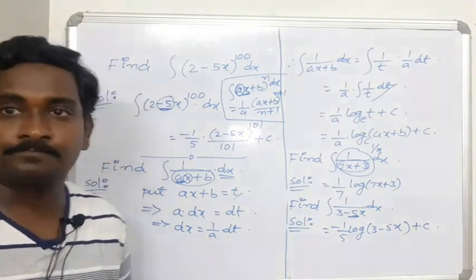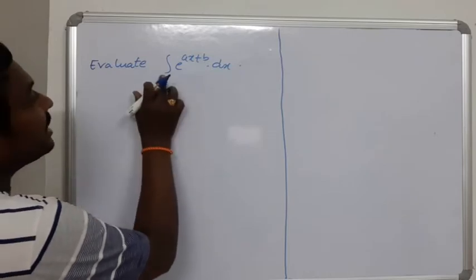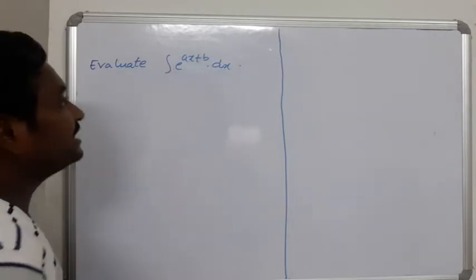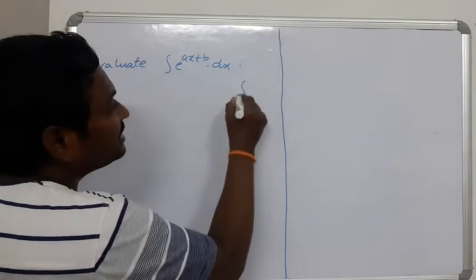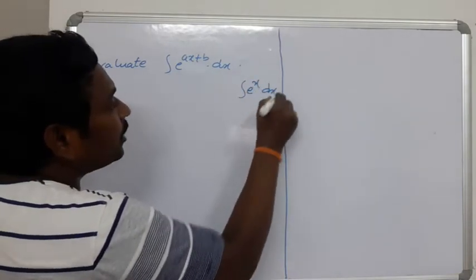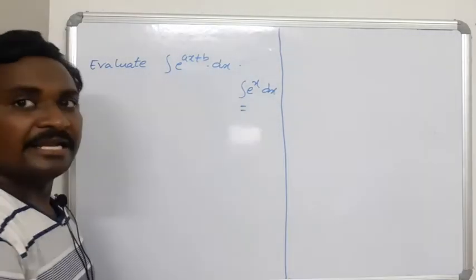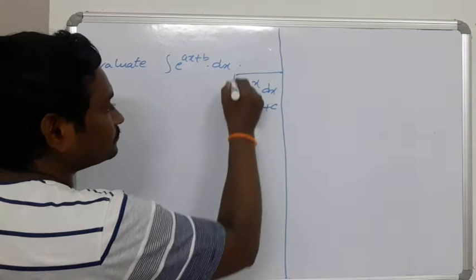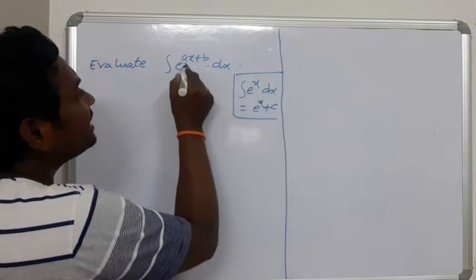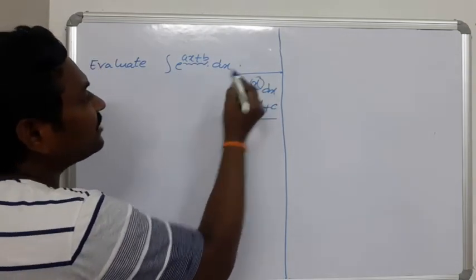Please note down. Evaluate the integral e power ax plus b dx. Clearly we are observing that it is in the form of e power x. What is the integration of e power x? Itself. So e power x plus c. Here we have ax plus b instead of x.